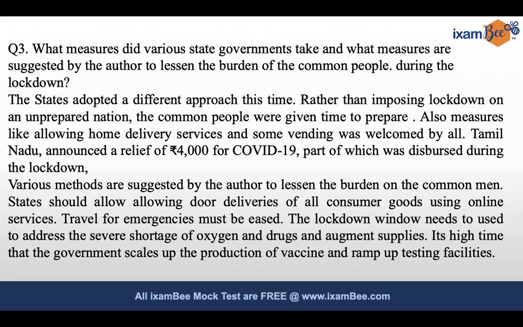The staggered way in which the shops were opened. The second one was what was suggested by the author. States should be allowing door deliveries. Travel for emergencies must be eased because the author supports them as well. So the lockdown window must be used to ramp up oxygen supplies and drugs, and production of vaccine and testing facilities must be improved. Okay?